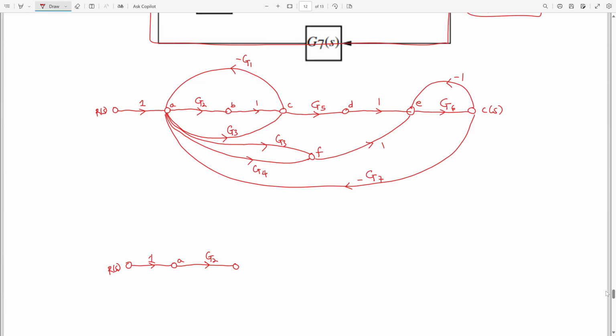Then I move it from this side to this side, minus G1.